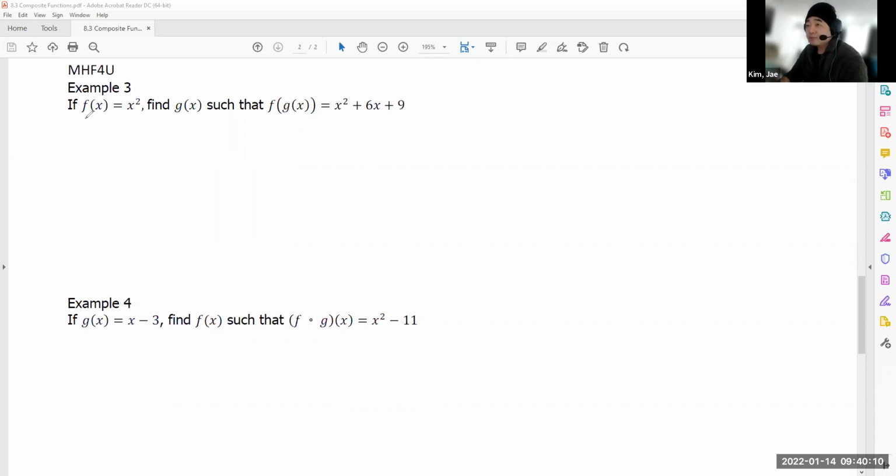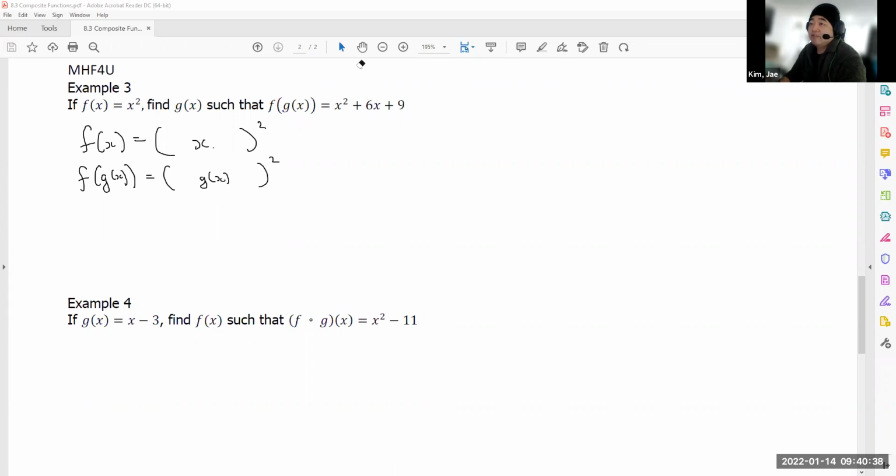Here we go. f of x is defined as this, right? And you're supposed to plug in an x in there. But if I had g of x, I have this, right?